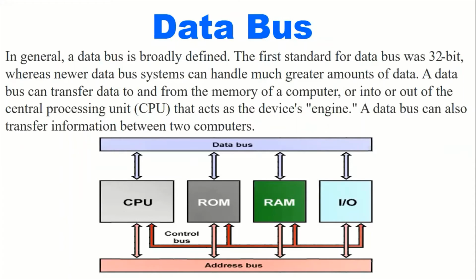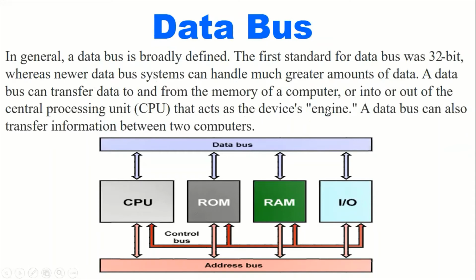The next one is the data bus. In general, a data bus is broadly defined. The first standard for data bus was 32-bit, whereas newer data bus systems can handle a much greater amount of data. A data bus can transfer data to and from the memory of a computer or into or out of the central processing unit that acts as the device's engine.